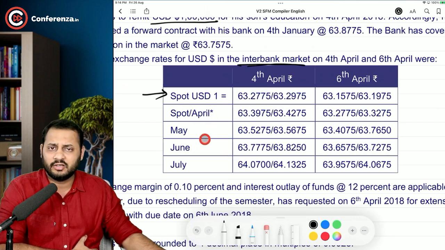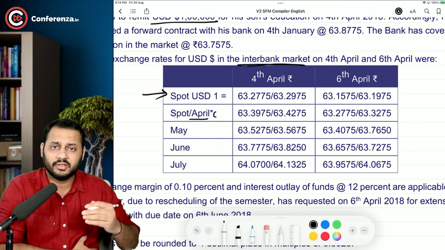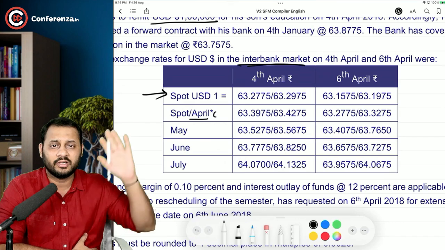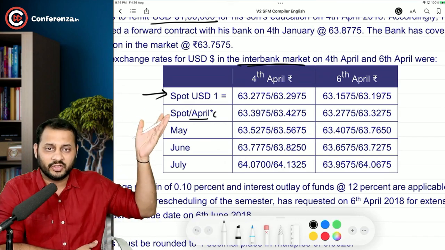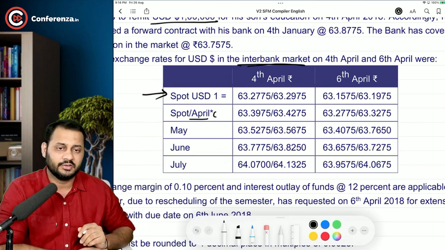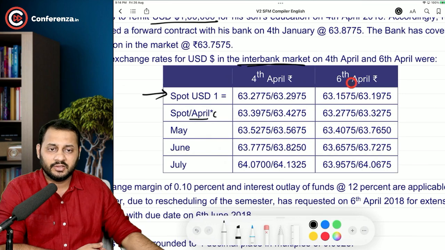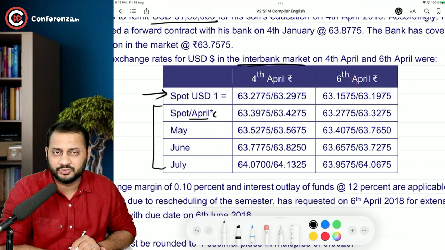If April is written, it can be any date in April, like 24th or 26th April, but not 4th April. So this is the closest forward contract available for the same month. Okay, sir. And on 6th April, the forward rates have changed for all of April, May, June, July.